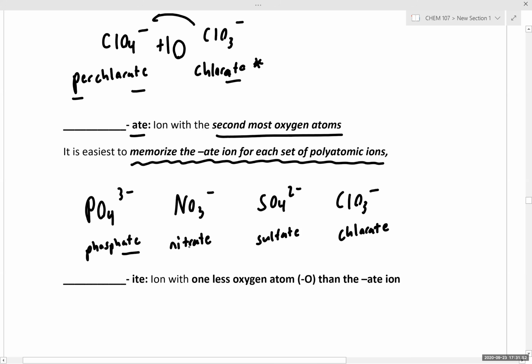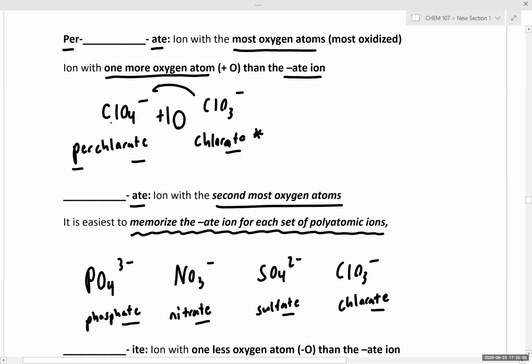So you memorize the common ate forms, and then when you change the prefix and suffix, you change the formula appropriately. For example, we can go from chlorate to perchlorate by just adding an oxygen. Makes it easier to memorize rather than treating these as separate ideas.